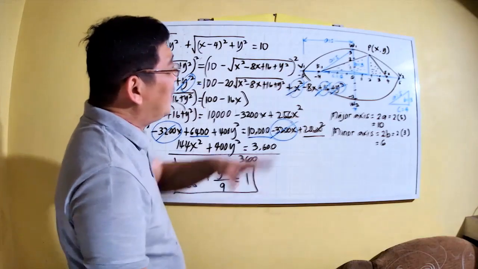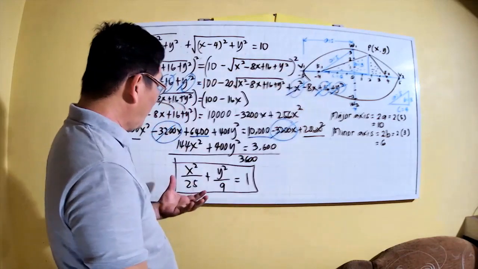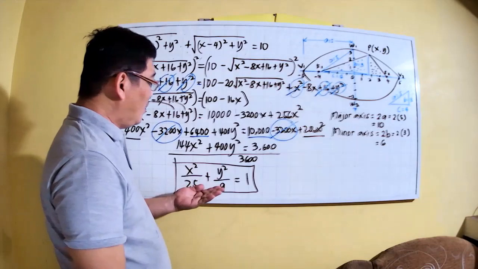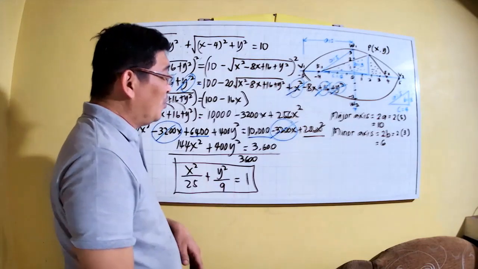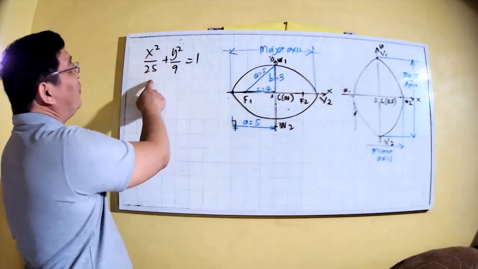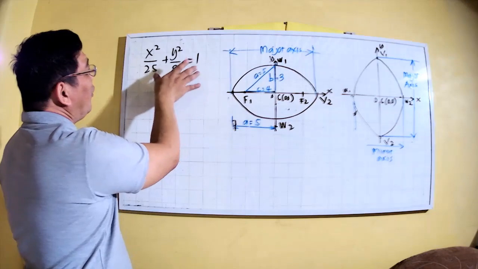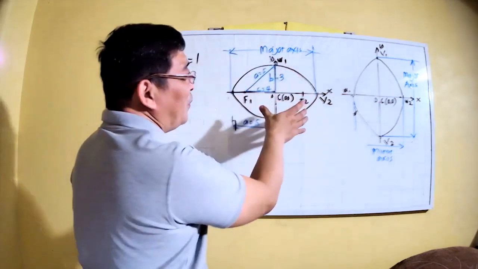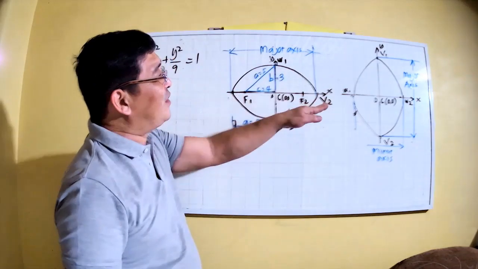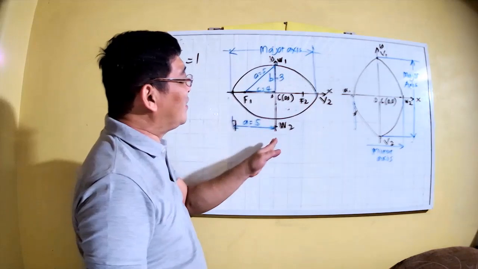So the equation of this ellipse, this graph, is x squared over 25 plus y squared over 9 is equal to 1. X squared over 25 plus y squared over 9 is equal to 1 is the equation of the graph of an ellipse wherein we have a major axis along the x-axis and minor axis along the y-axis.